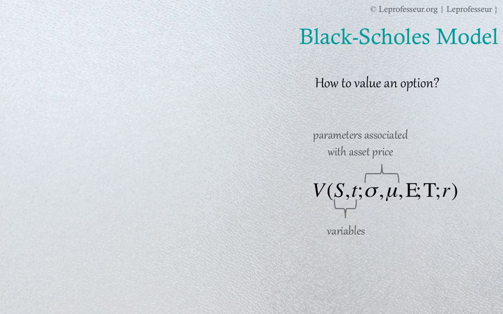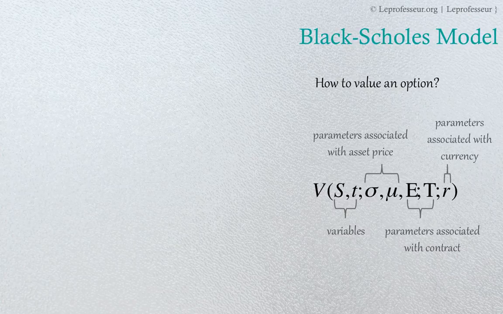Sigma and mu are parameters associated with asset price. E and T are parameters associated with the contract, and r is the parameter associated with the currency in which your asset is being traded. Parameters associated with the contract, you may think of as the strike price of an option and the maturity date. Very simple.